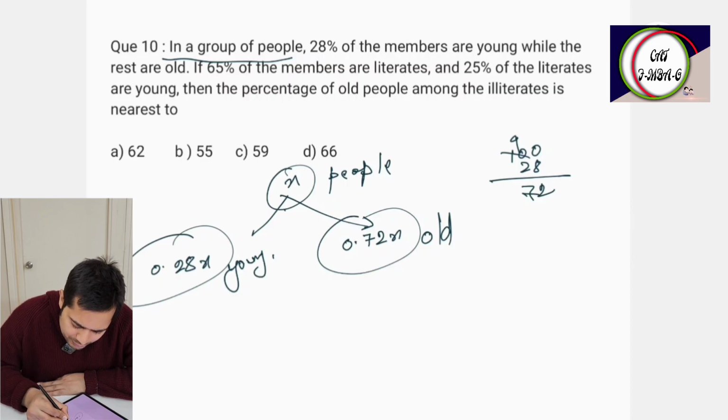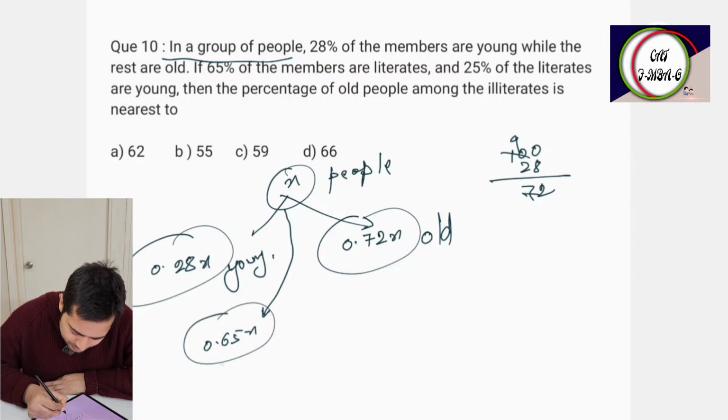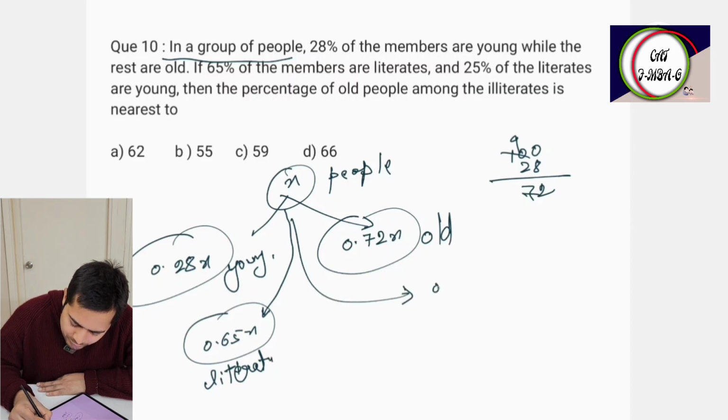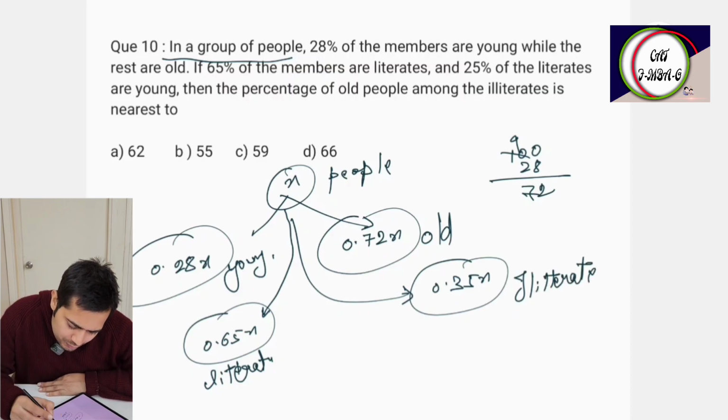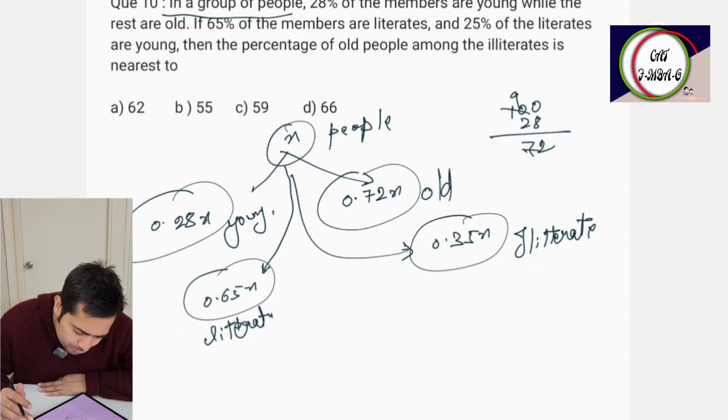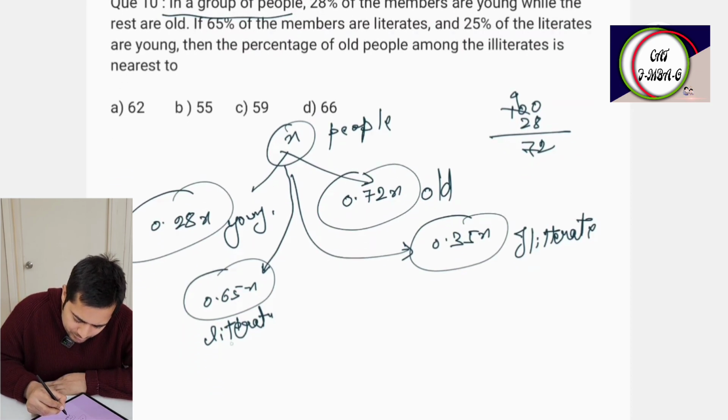Now it is given that 65% are literate. So 0.65x literate, 0.35x illiterate. Okay. Now 25% of these literates are young.